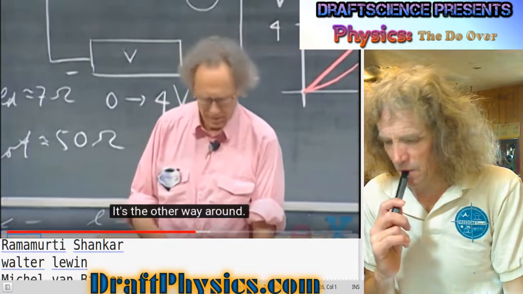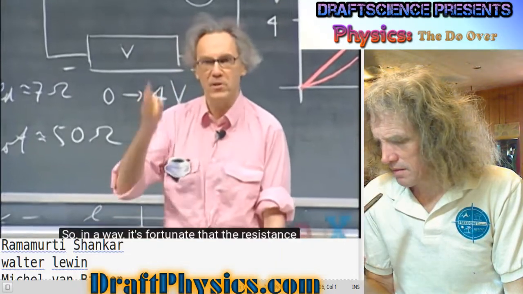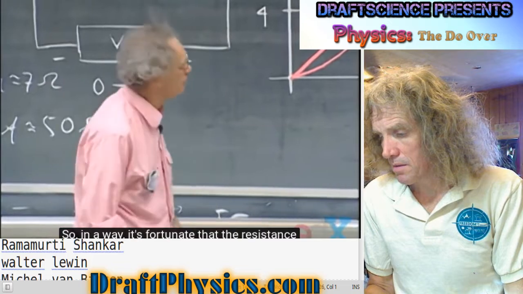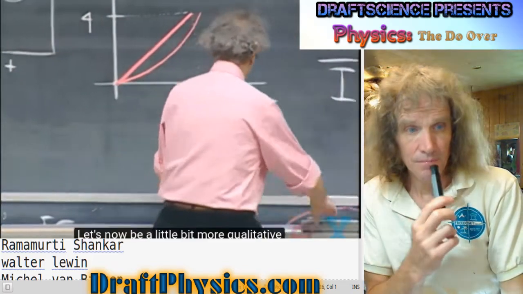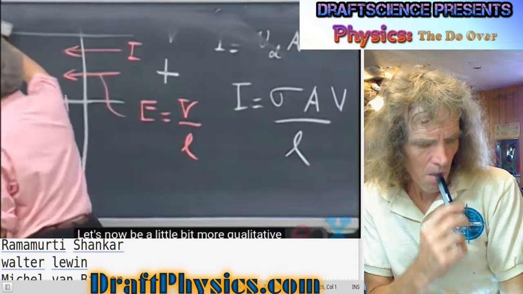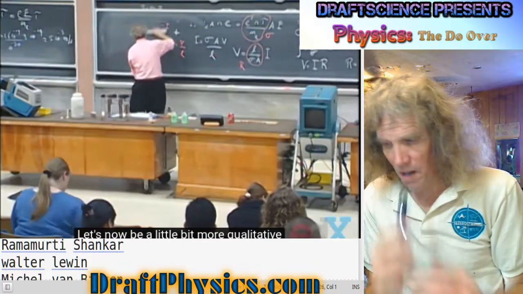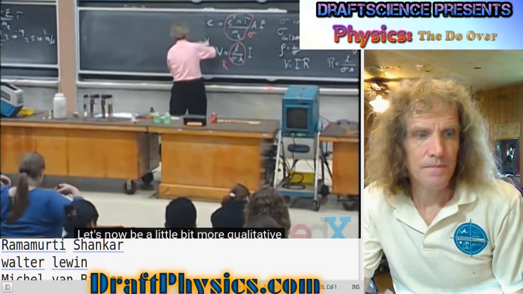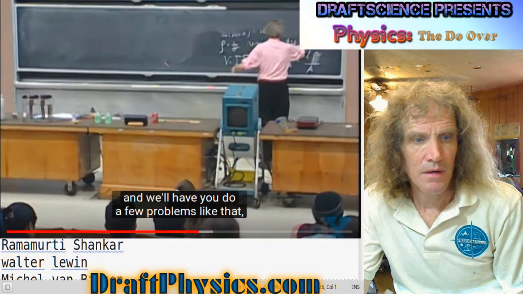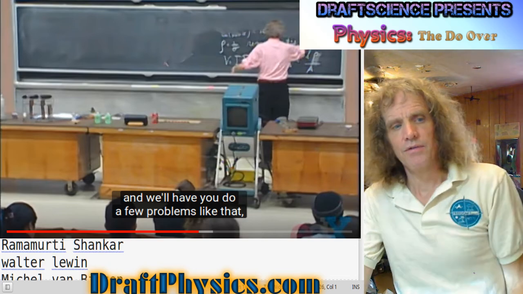It's the other way around. So in a way, it's fortunate that the resistance goes up when the light bulbs get hot. All right. Let's now be a little bit more quantitative on some networks of resistors, and we'll have you do a few problems.